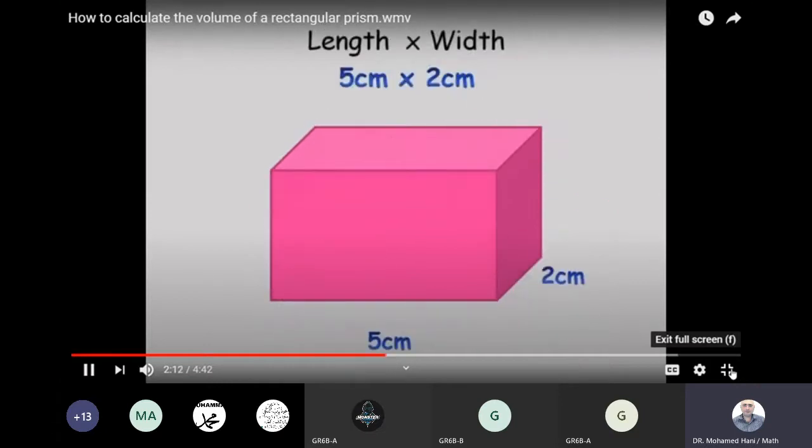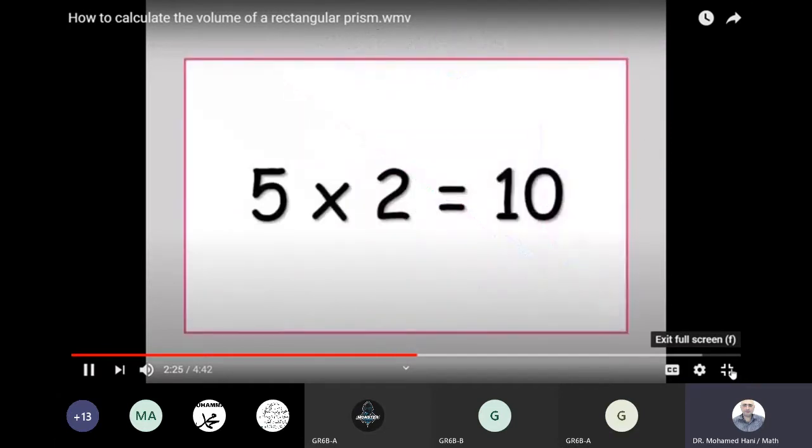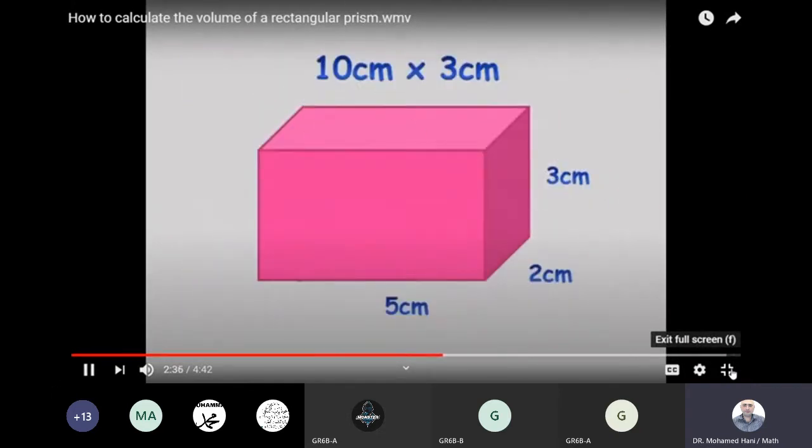The first thing we need to do is times the length, 5 centimetres, by the width, 2 centimetres. So we need to times 5 times 2. So 5 times 2 equals 10. So 10 is the length times the width. Our next step is to times 10 centimetres, which is our length, times our width, by 3 centimetres, which is our height.